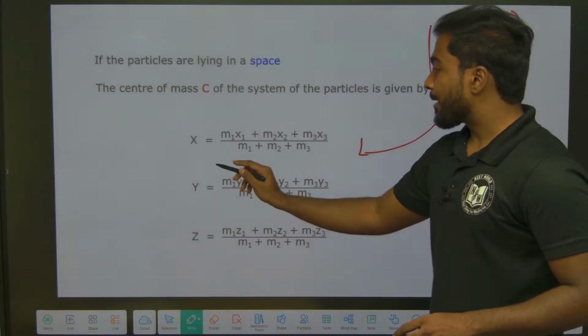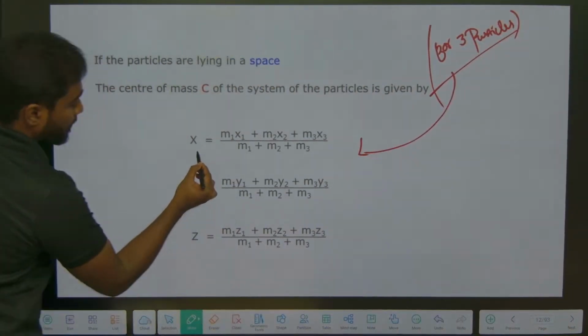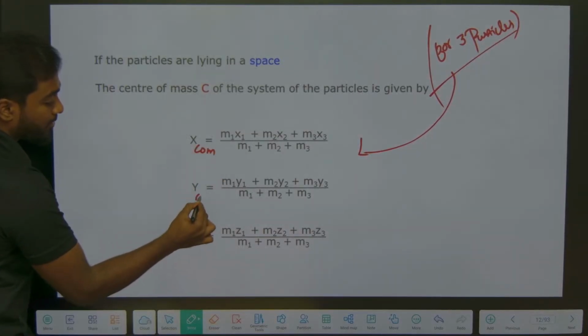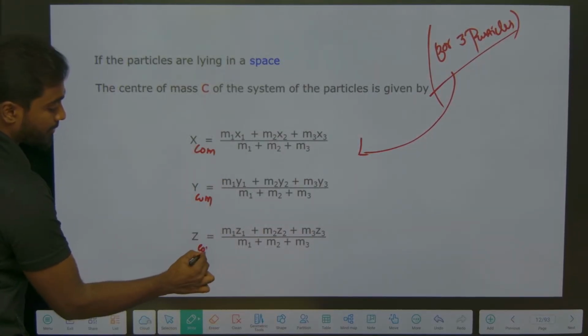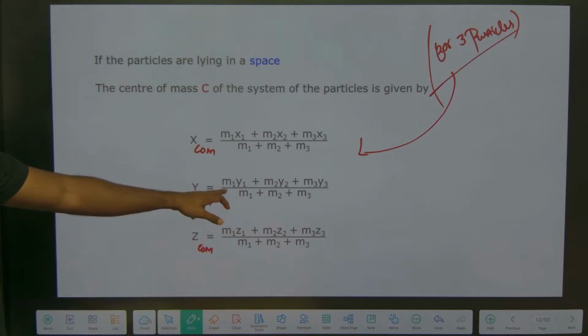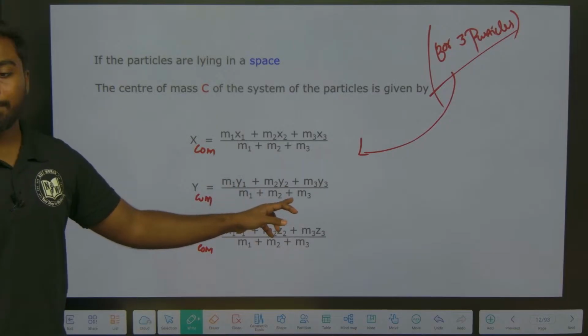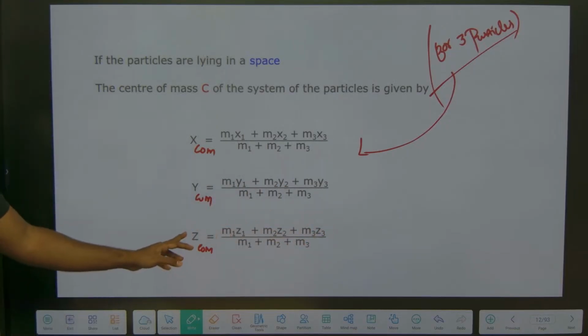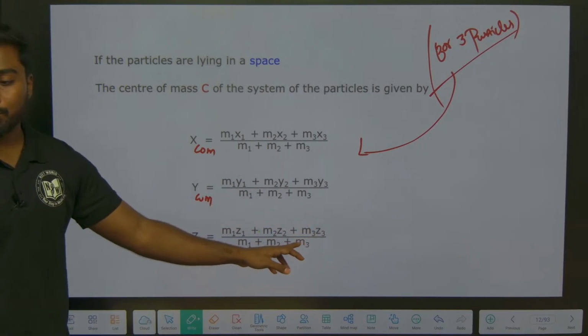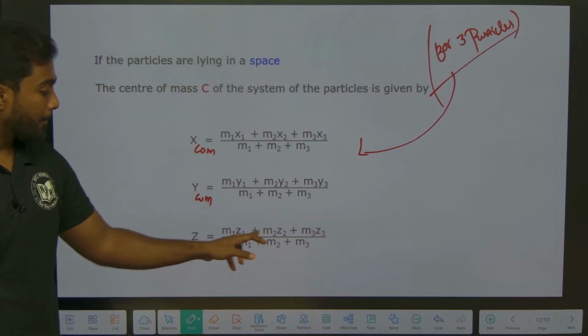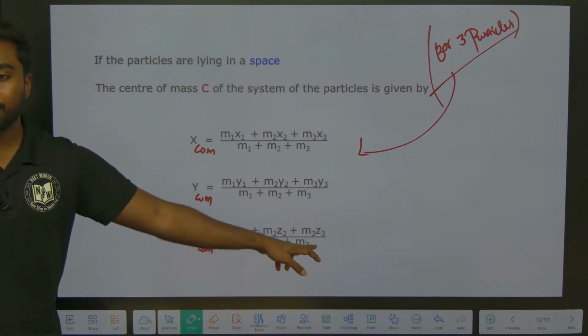For y center of mass, m1 y1 plus m2 y2 plus m3 y3 by m1 plus m2 plus m3. For z also, m1 z1 plus m2 z2 plus m3 z3 by m1 plus m2 plus m3.